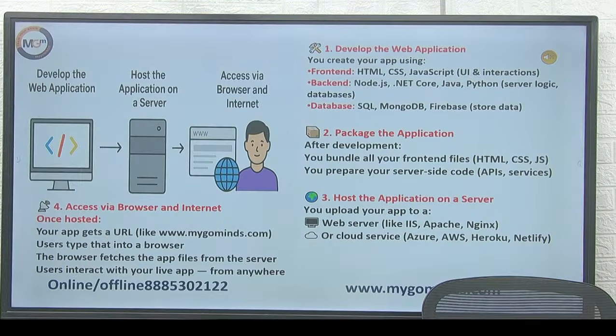So there are 4 steps that we need to follow while working with any web application. Step number 1, the developer will develop the application. Step number 2, the developer will pack the application. Step number 3, the developer will host the application onto the server so that multiple users can access the application via browser and internet.